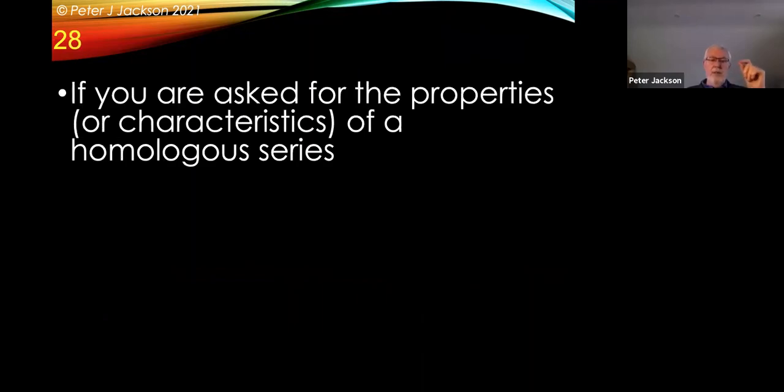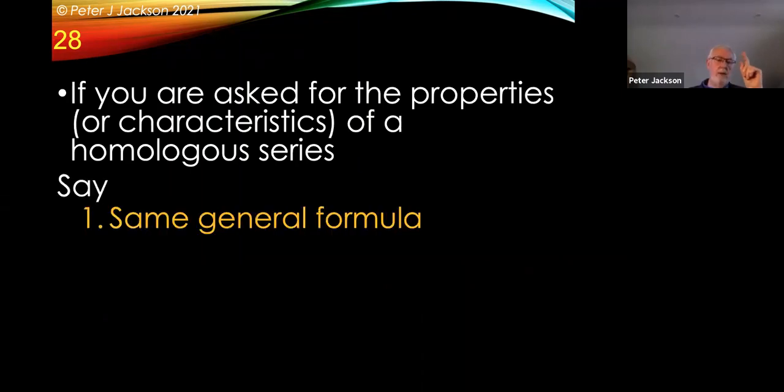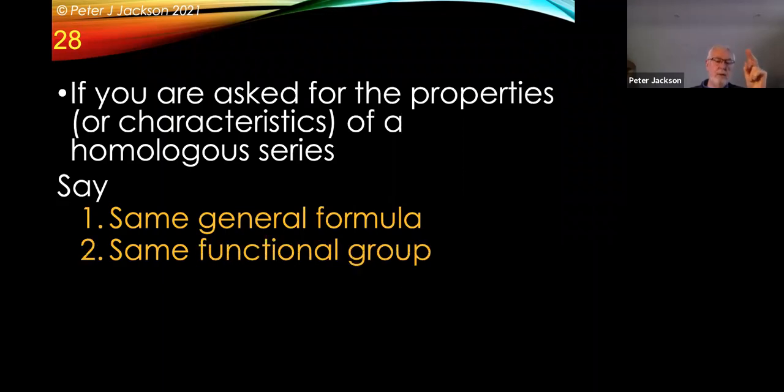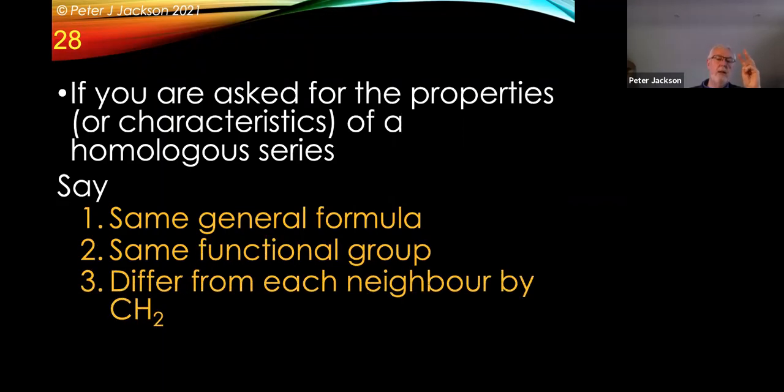If you're asked for the properties or characteristics of a homologous series, say 1, same general formula, 2, same functional group, 3, differ from each neighbour by CH2. There are 3 other things which are very useful, but they're not what the inspector wants in the answer. So I'm just going to tell you them, but remember, those are the answers to that question.